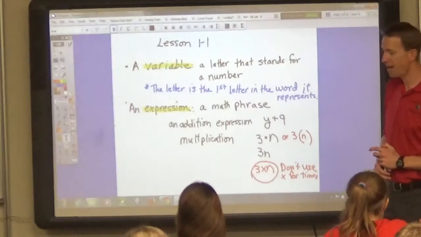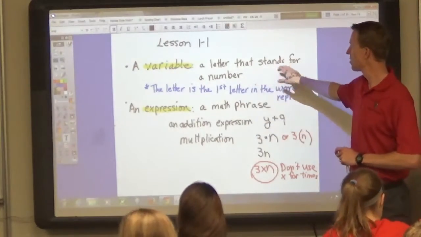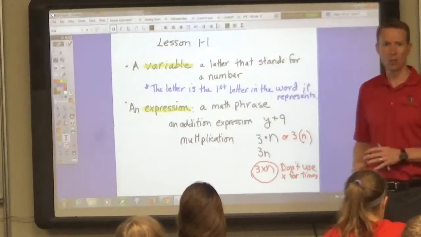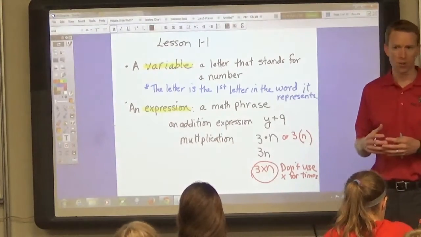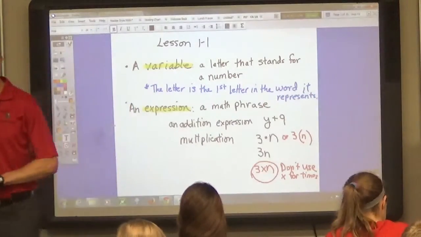A variable in math, you may remember from last year, is a letter that stands for a number. It's usually the first letter in whatever the object or subject is that you're talking about.